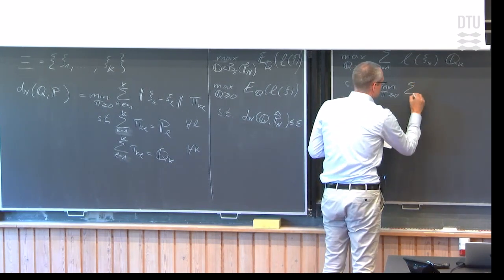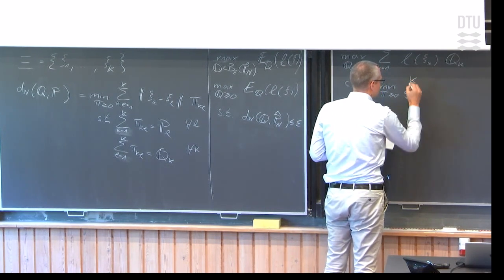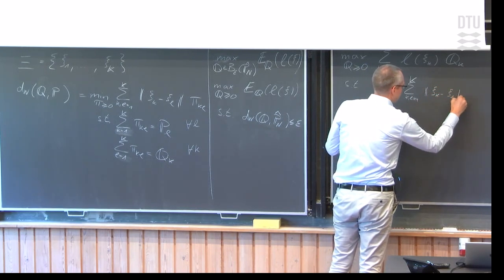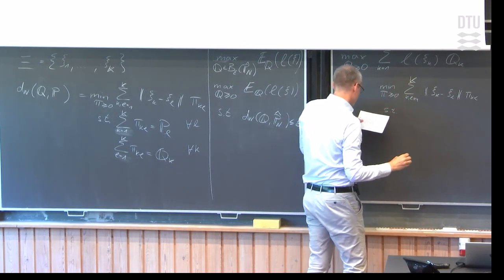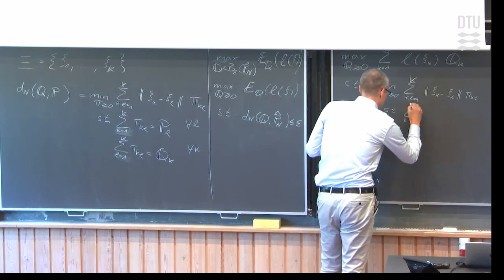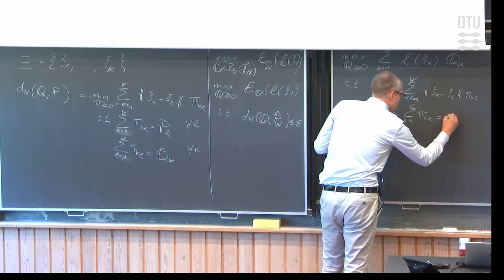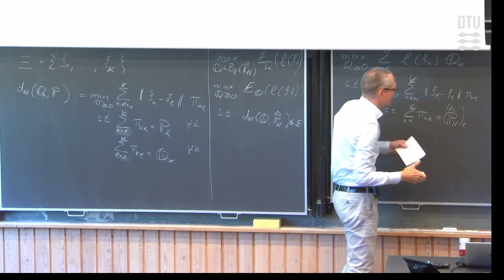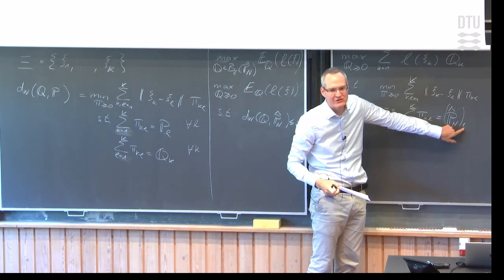The objective is to minimize the sum over all k, l from 1 to capital K of the distance between psi k and psi l times pi kl, subject to the two constraints: the sum from k equals 1 to capital K of pi kl equals p hat n L. So that's the probability that the empirical distribution assigns to our scenario psi L.